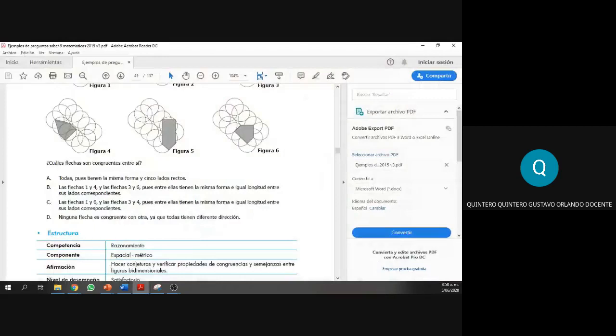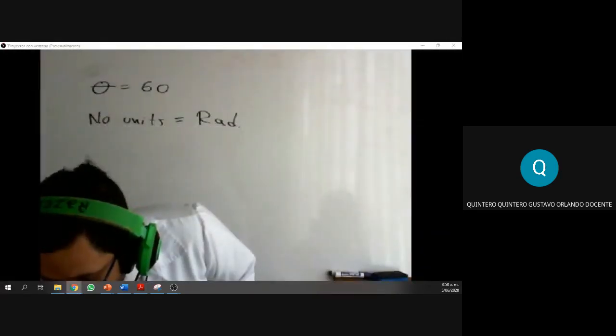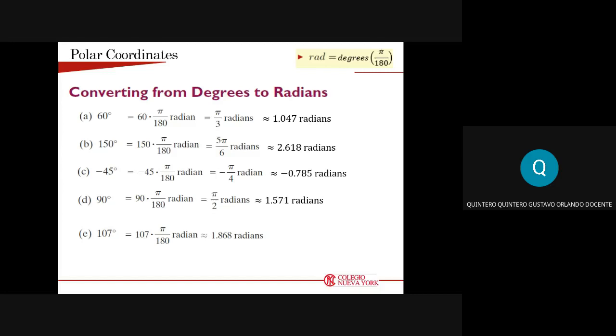Now, another thing. I told you there were going to be two things about radians. That is number one. Go ahead and write it down as a note. Here comes the second one. If an angle is a multiple of pi, in other words, pi multiplied by something and/or divided by something, like all of these in here: pi divided by 3, 5 pi divided by 6, negative pi divided by 4, pi divided by 2.